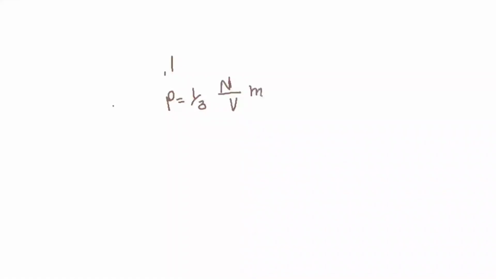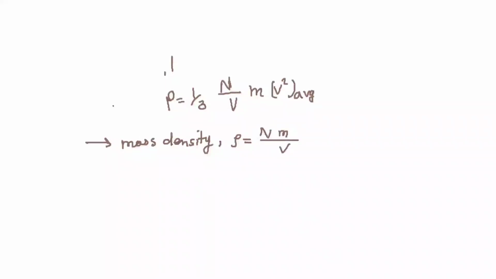So we can rewrite this equation by using mass density. Mass density is usually denoted by rho. Rho is N into M, that is total mass divided by volume.